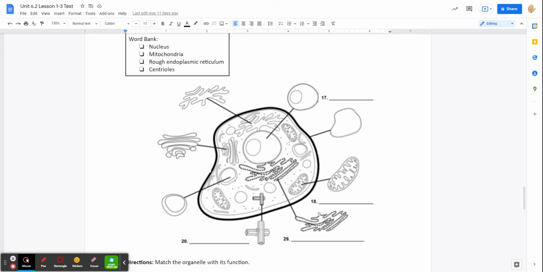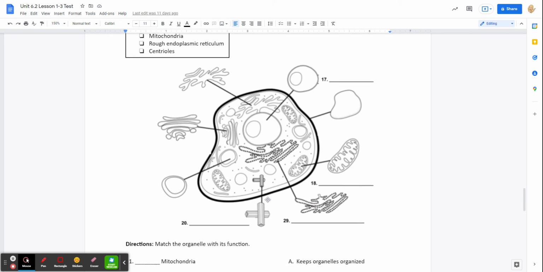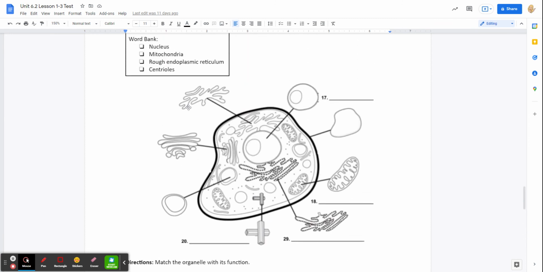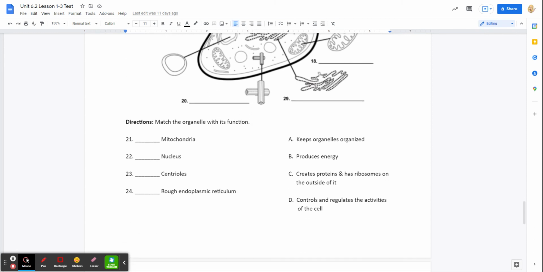And 20 is pointing towards these things right here. If you need a pause, please do. If it helps to cross off which ones you have used in the word bank to help determine the other ones, do that as well, please. All right, moving on.